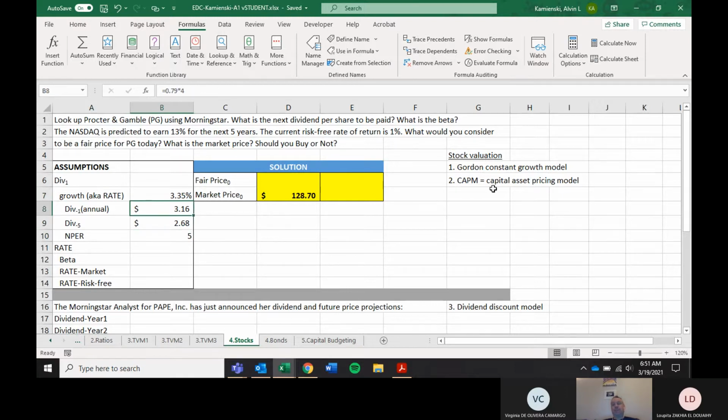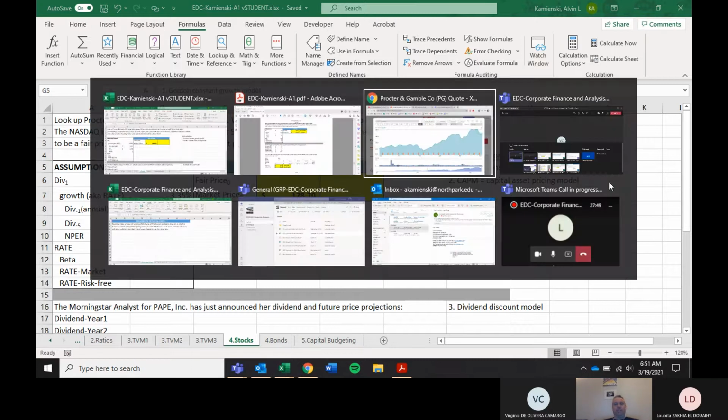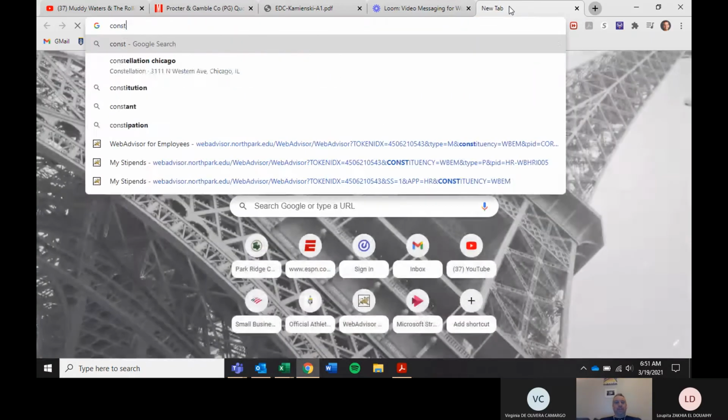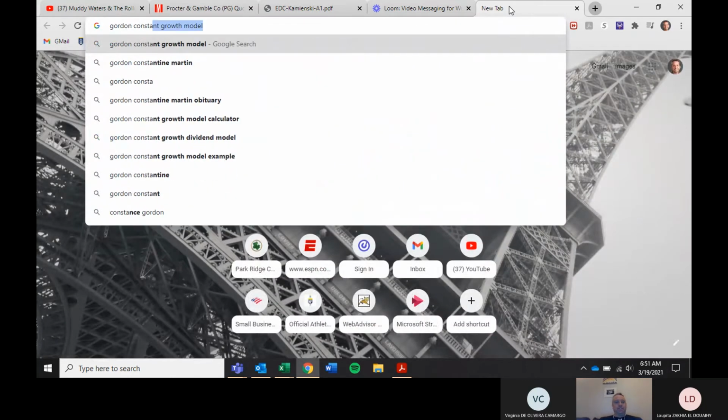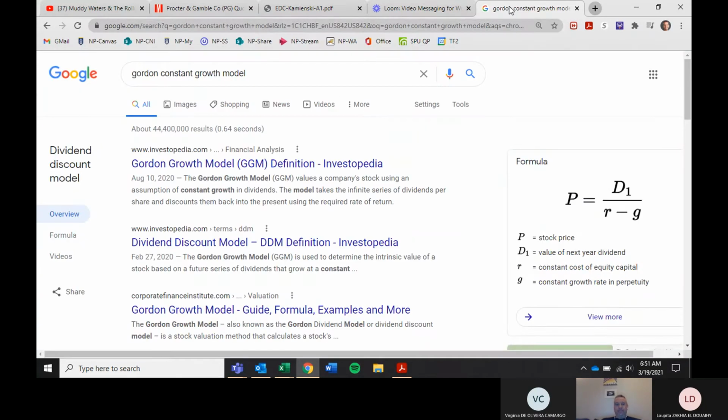Why is this important? Because when we do the Gordon constant growth model, and if we were to come over here and look up the Gordon constant growth model, I like Investopedia a lot.